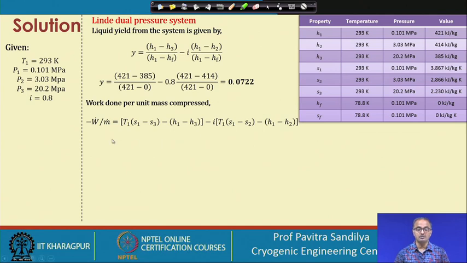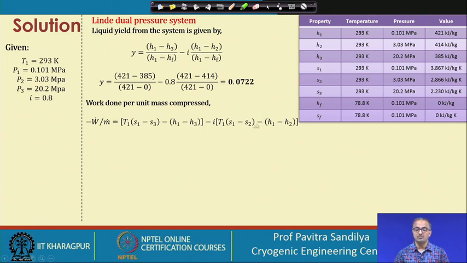Now, let us look at the work done per unit mass of gas compressed, and this is the expression for that. And again we find that here we have, in addition to the enthalpy values, the values of entropies. Even the entropy values have been listed in this particular table.